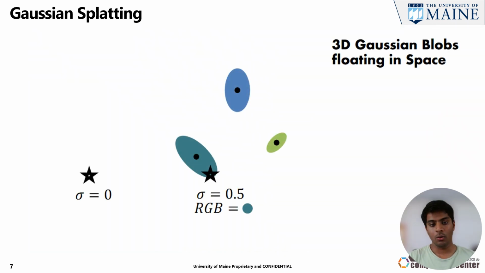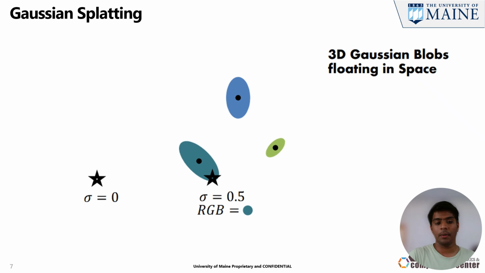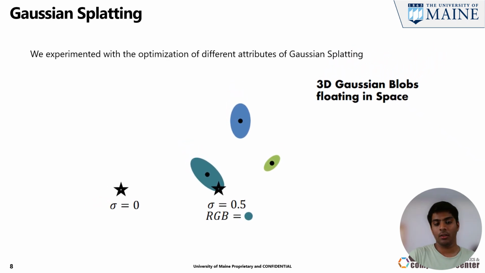I want to go over why that's happening. Gaussians have many qualities: they have a mean, they have variance, and they have quaternions which dictate the rotation. In our approach we experimented with optimization of different attributes of Gaussian splatting.